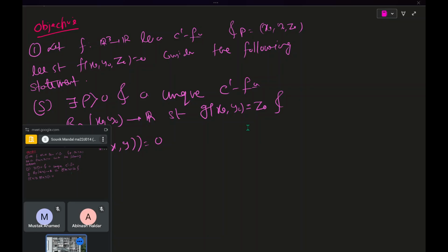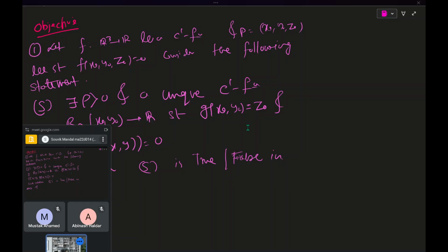The question is: state whether the statement is true or false in each of the following cases.